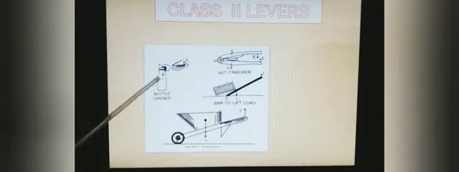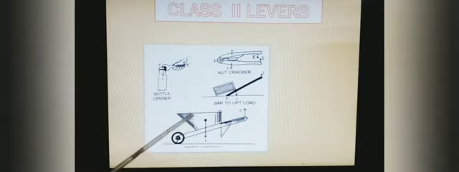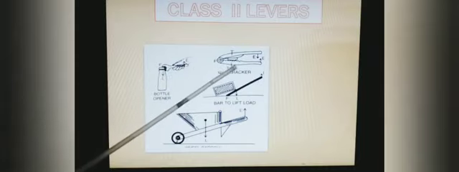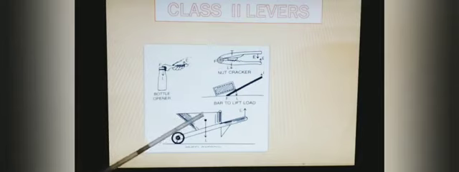Now the next type of lever is class 2 lever. So some diagrams are given. Nutcracker, bottle opener, wheelbarrow, a bar to lift a load. In all these diagrams, fulcrum, load and effort are marked, and the direction of load and effort are also shown. You can see that load comes in between.